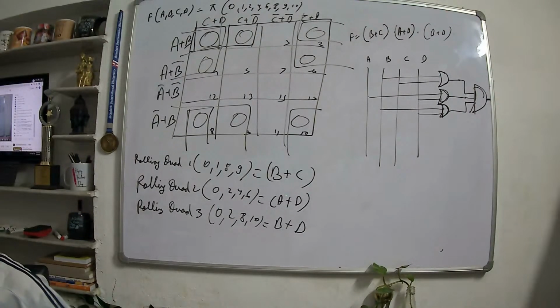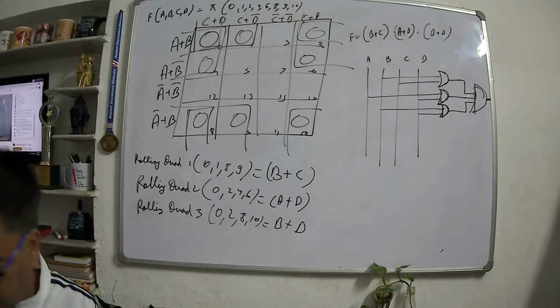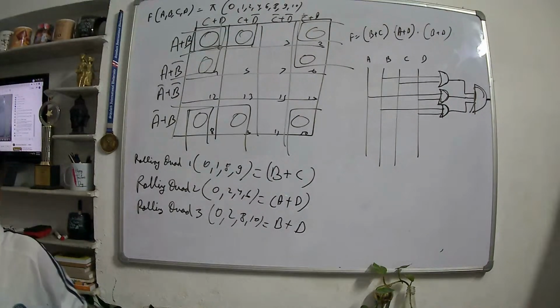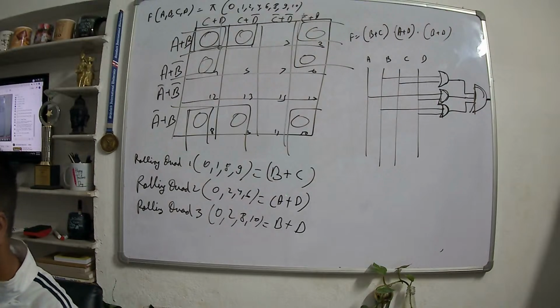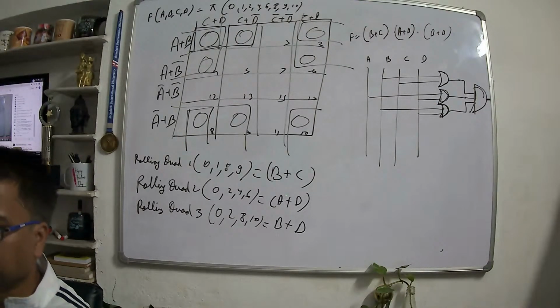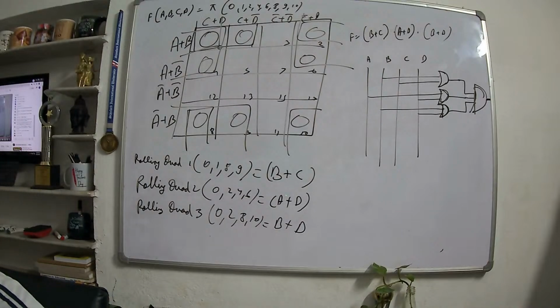Any queries in this? Let me know. You can see there is a problem with the light. Electricity is gone, but I hope it is visible well. Anyone, any queries still here? Let me know. Okay.